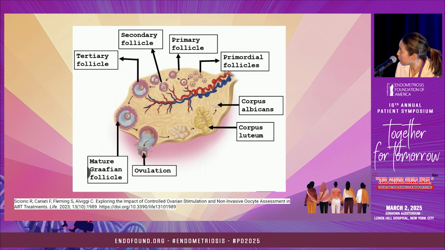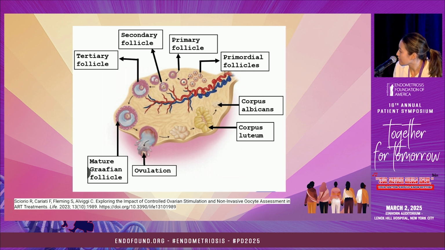In the beginning, you have quite a few eggs. Towards ovulation, typically the midpoint of the cycle, we select what's called a dominant follicle, the best egg of the bunch. For ovulation to happen, that egg is released, and potentially it travels down the tube to meet the sperm for implantation.